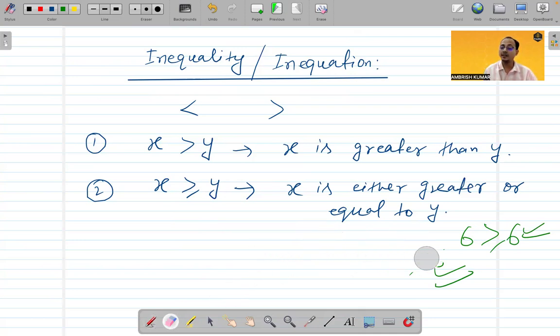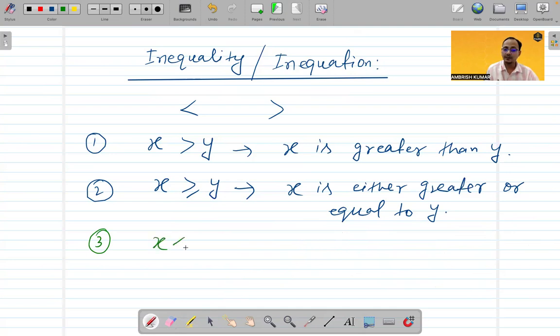In the same manner, the less than symbol. Like we have x less than y. So we write it like this. This symbol stands for less than, and this symbol stands for greater than. So we call this x is less than y.